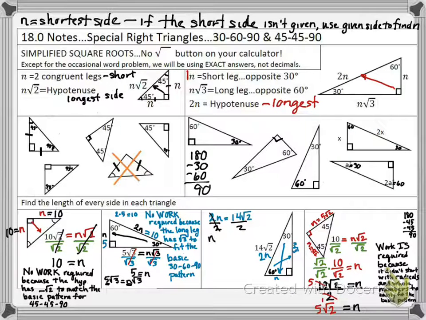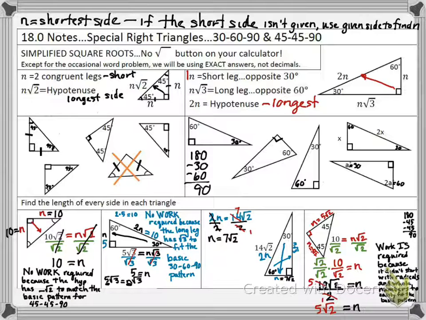That gives me n equals, I can't reduce the 2 with the root 2 because one's inside of a radical and one's not. But I can reduce: 2 goes in there once and 2 goes in 14 seven times, so the short side is 7 root 2. I'm going to write it on my picture, 7 root 2.